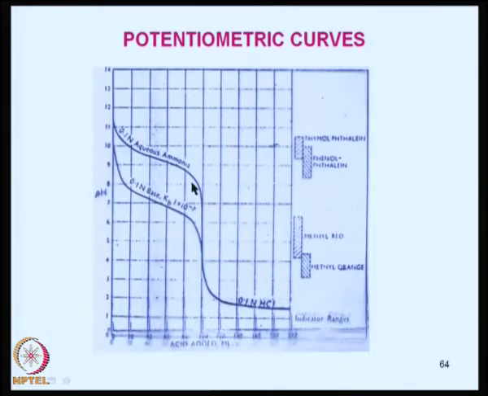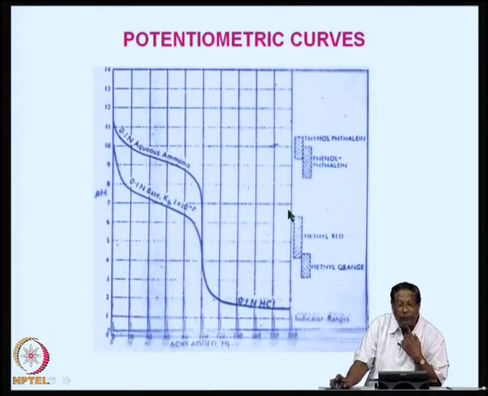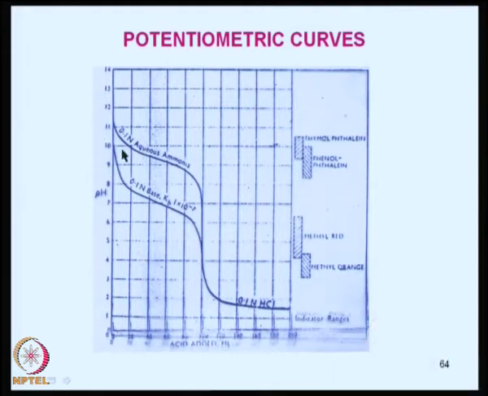Now, these are some of the potentiometric curves. The top one is 0.1 normal aqueous ammonia titrated with HCl. Here you can see the sharp point, one point is here and another point is somewhere here, the inflection point.